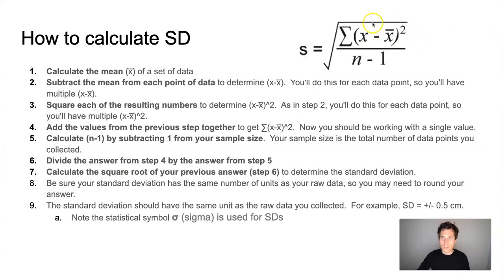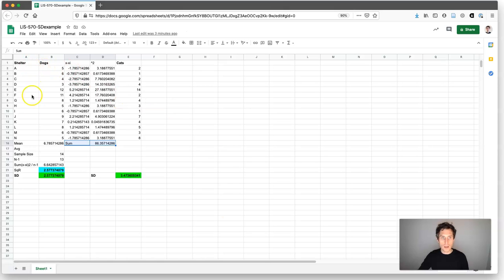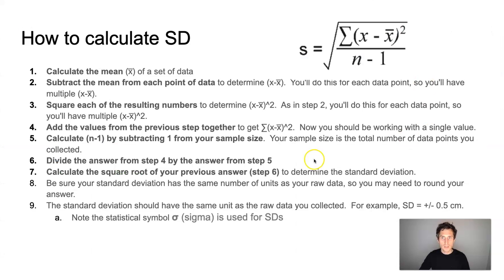In our handy little equation here, we've done all of the top, that is, the numerator of this equation. Now in the denominator, we have n minus 1. The n here stands for the total number of observations that we have, which is 14. So we take 14 minus 1, and we come up with 13.